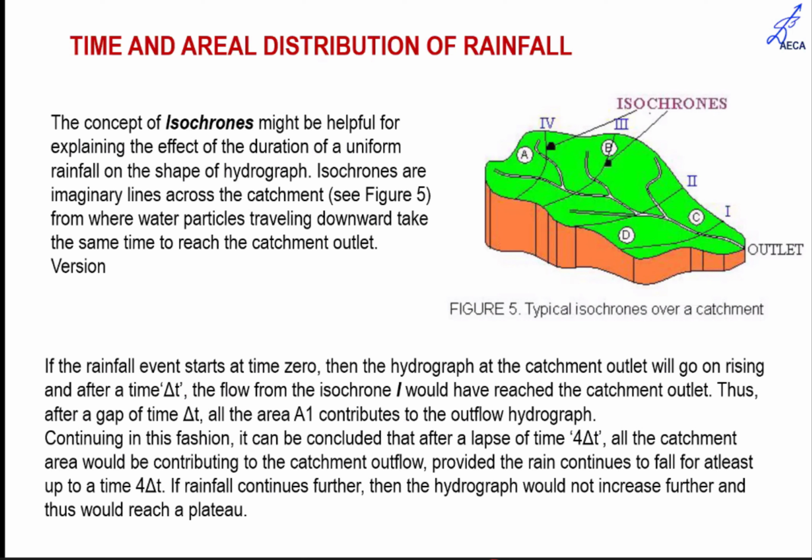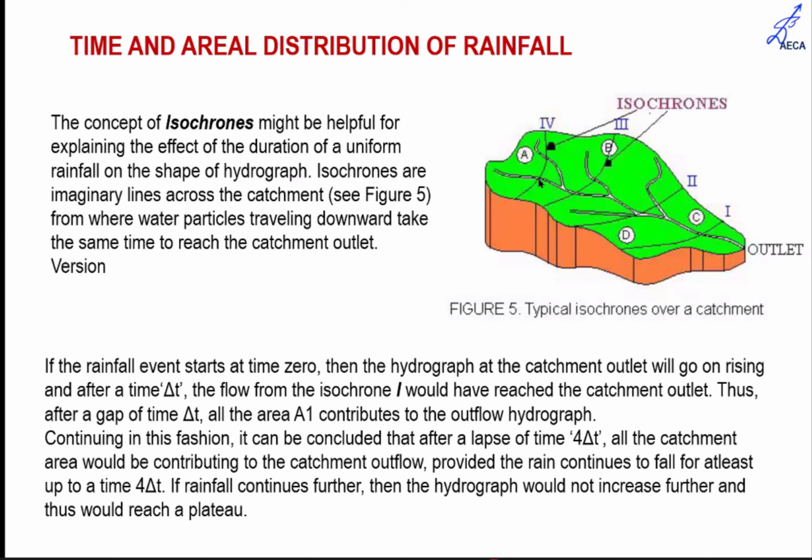The concept of isochrones is used for understanding the effect of duration of a uniform rainfall on the shape of hydrographs. Of course, hydrographs is not the topic of this particular session, but we'll just introduce what isochrones are. These are imaginary lines across the catchment from where the water particles take the same time to reach the catchment outlet.